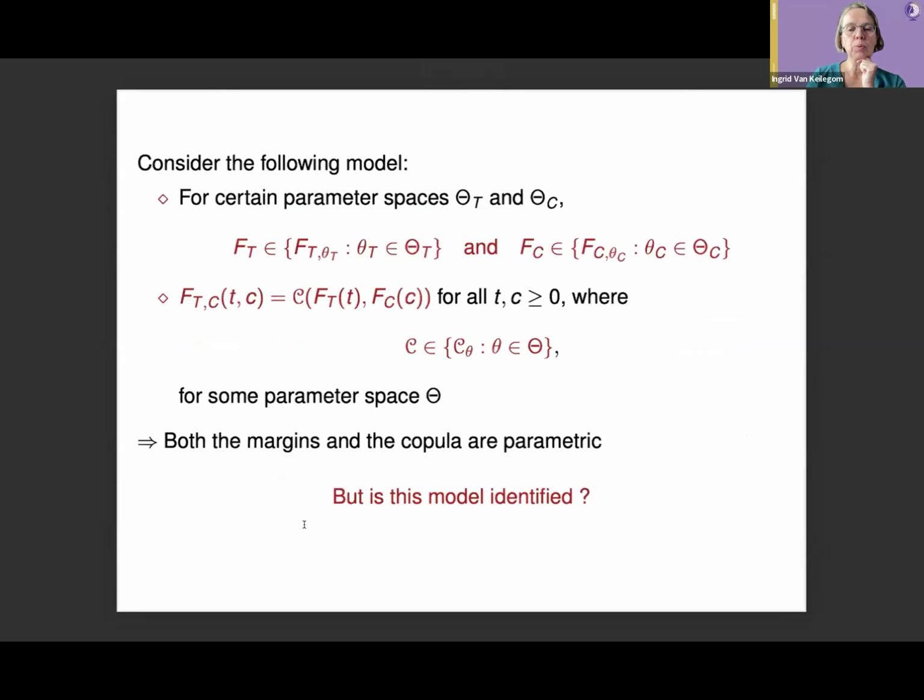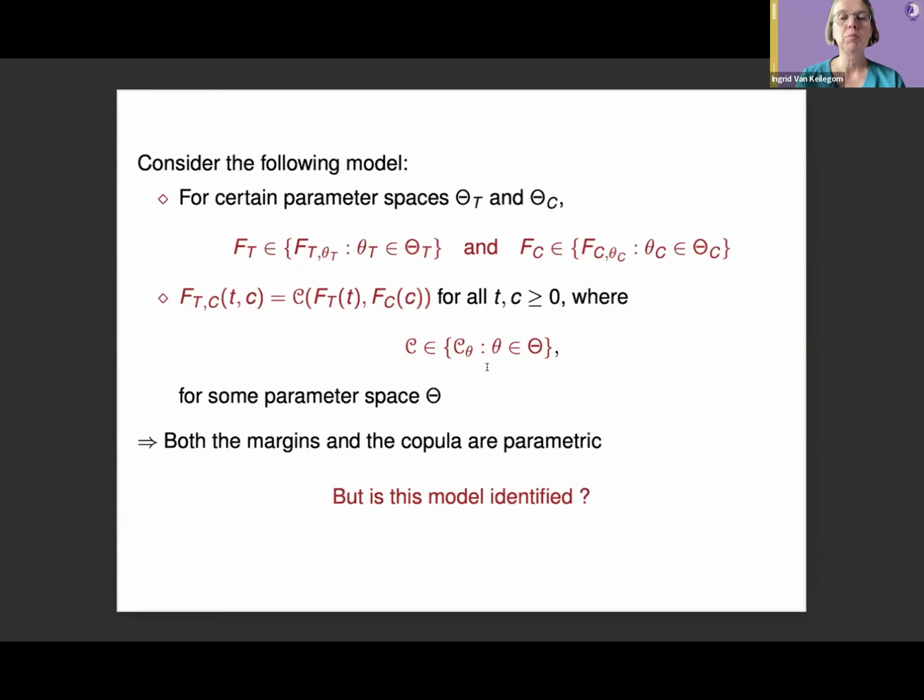So in the first paper that I'm going to present now, we did this in a very simple situation, in the sense that we assumed that the distribution of T is fully parametric, the distribution of C is also fully parametric, and the copula is again fully parametric. And in this setup, there are no covariates.